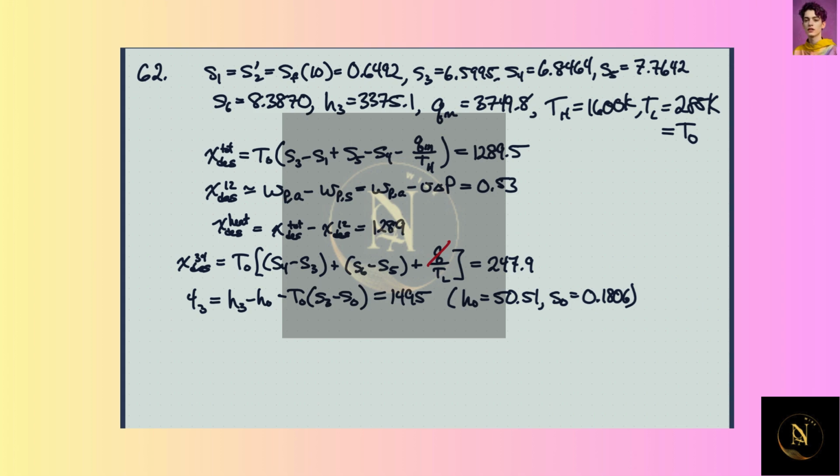Now I also grabbed the enthalpy at 3, because they asked for the exergy of the steam at the boiler exit. So we needed that. Is there anything else they told us in this problem?